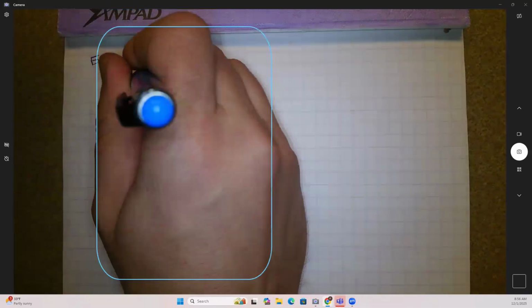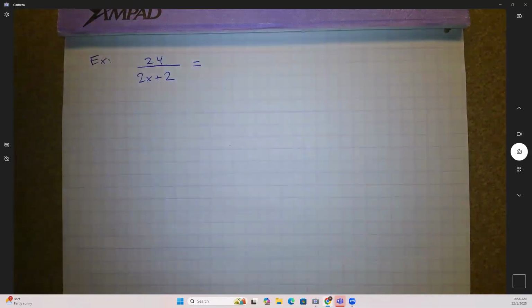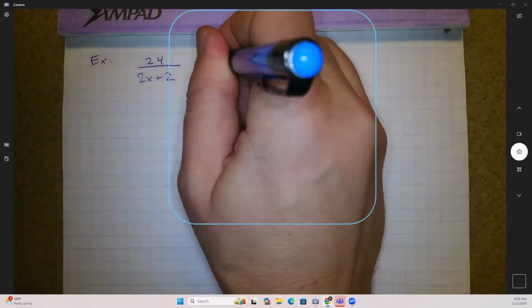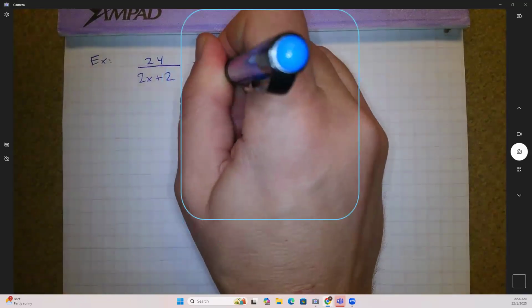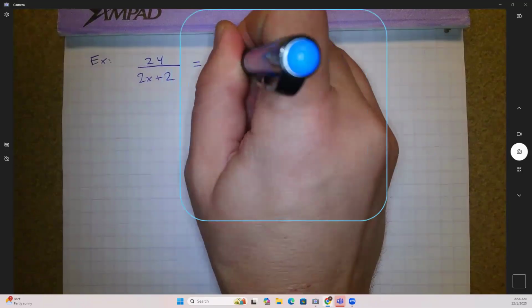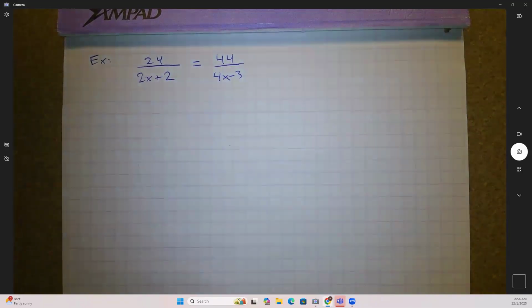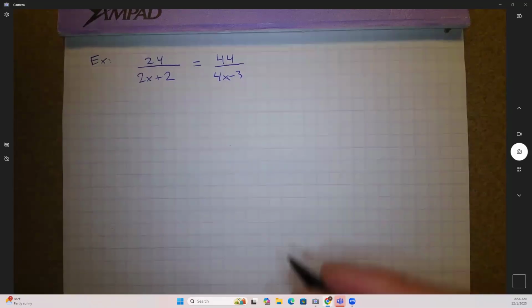I have 24 over 2x plus 2. And that ratio should equal 44 over 4x minus 3. Now, I'll be honest, I can't think of a physical situation that would give me these numbers. But it's a good chance to practice our skills.